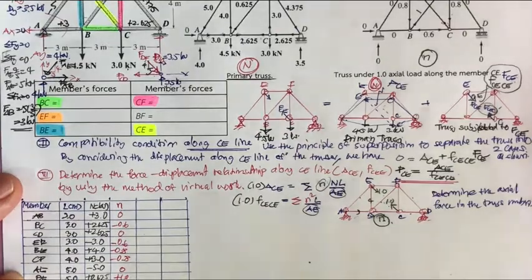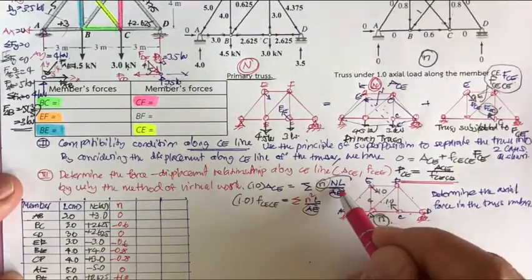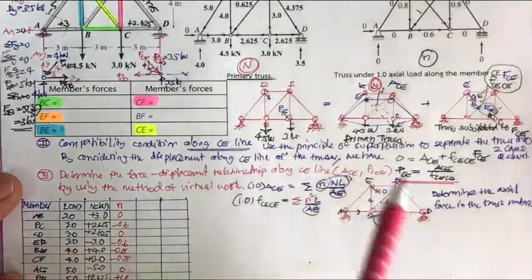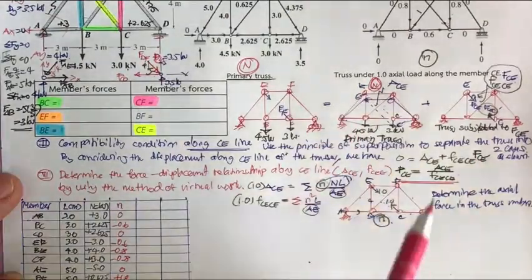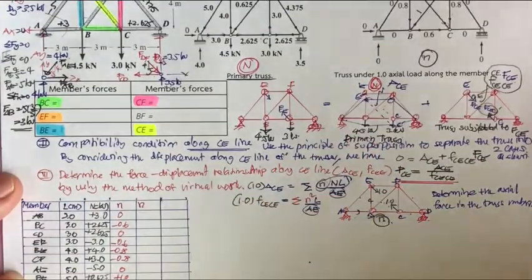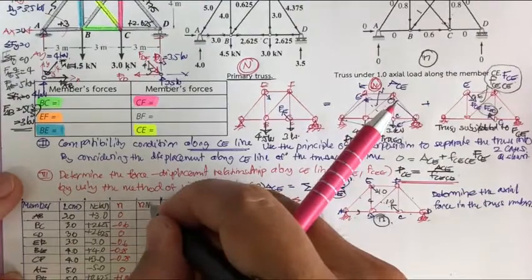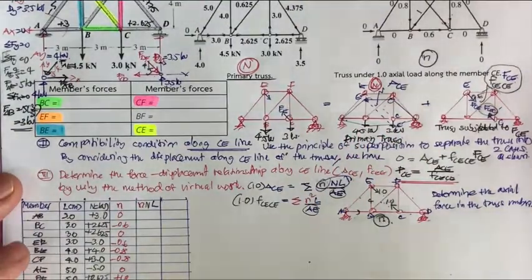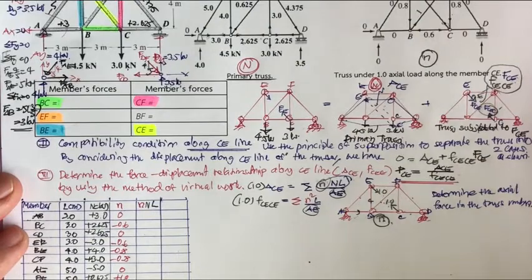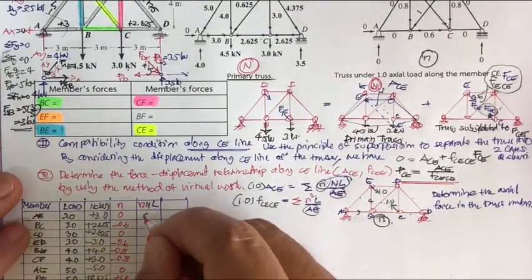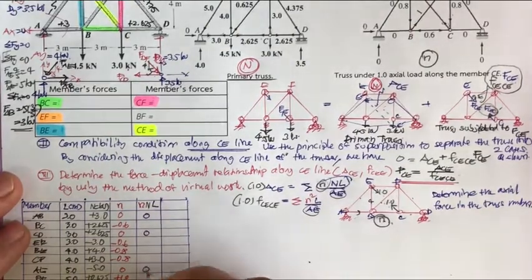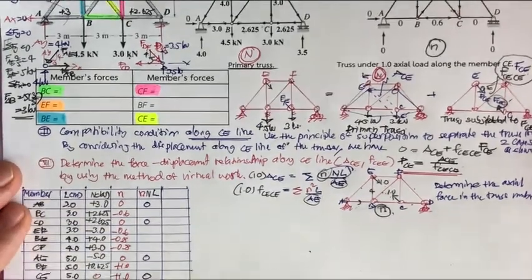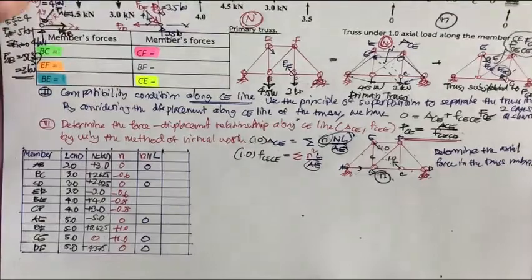Okay, now from this one you have small n, capital N, and L. Anything that you multiply by 0 is 0, so this is 0, 0, 0, 0, and this one also 0. That helps you in the calculation a lot, right?